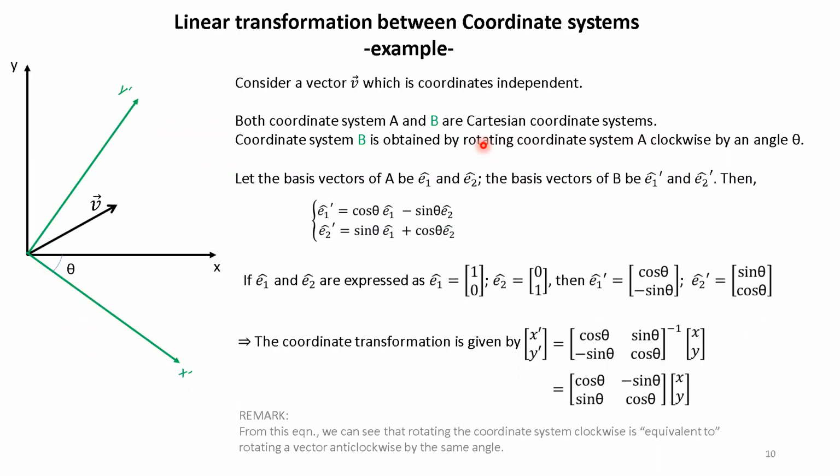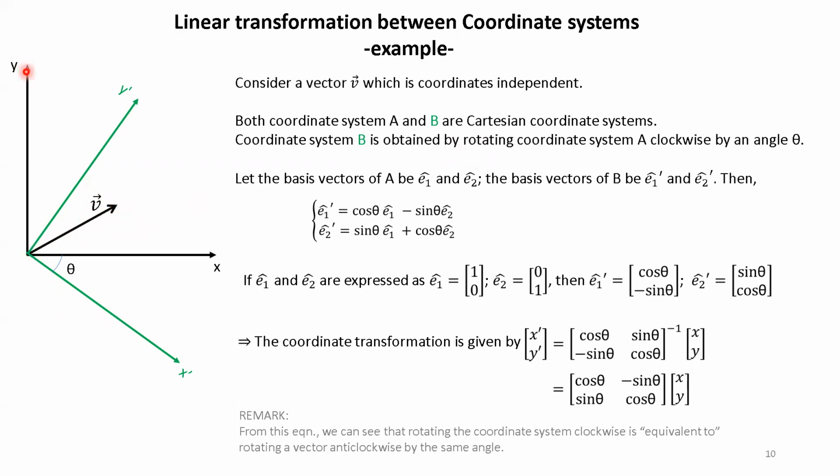Now let's do one more example of a linear transformation between two coordinate systems. This time, the transformation I'm doing is a rotation of the coordinate system. Again, I have this vector v, which is a physical quantity that does not change and does not depend on the coordinate system.